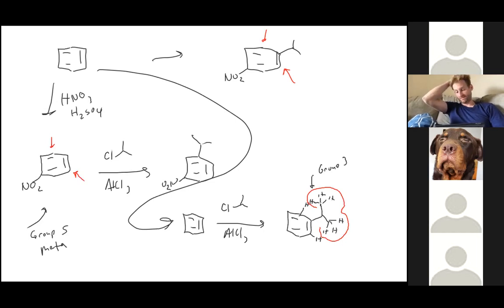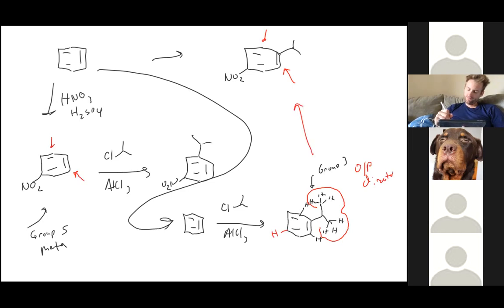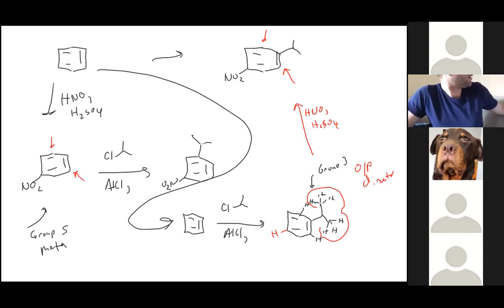These are fairly large. It's going to be a lot easier to get to our para position. So at this point, when we add in HNO3, H2SO4, this can easily shove our reaction towards the actual product. So order of operations is really important for these. Doing them out of order can cause us to get incorrect products.